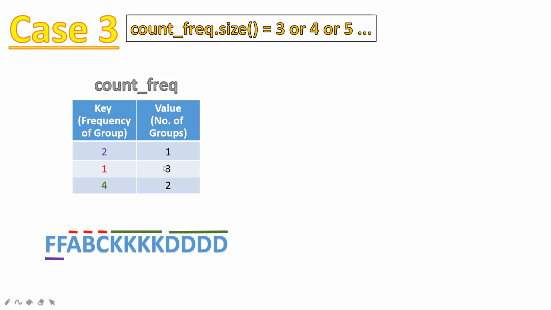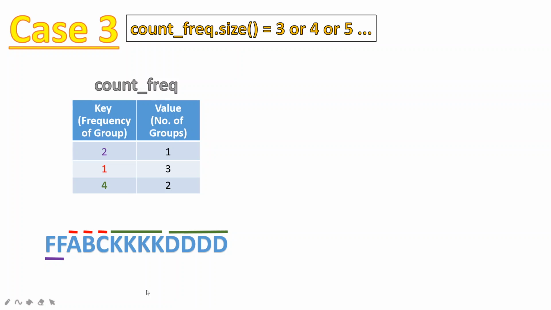So if we try to make every group the same frequency, what we are trying to do by removing any one element of any group is convert that group into the desired other groups.